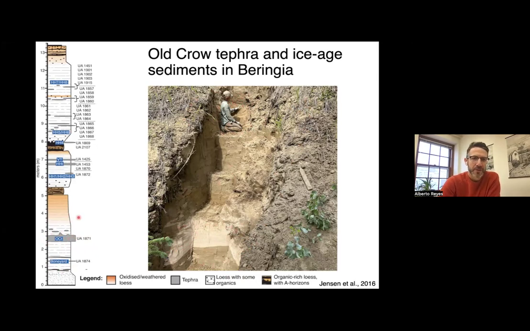We have a bunch of other tephra in this exposure, all of which are pinned chronologically and in terms of the regional tephra framework by Old Crow tephra. Because Old Crow tephra is present everywhere, it is the linchpin on which the framework for tephra studies in this field area rests.